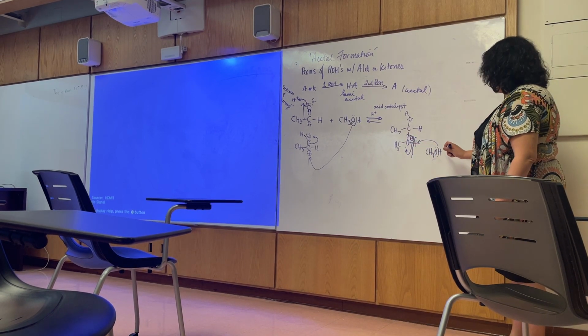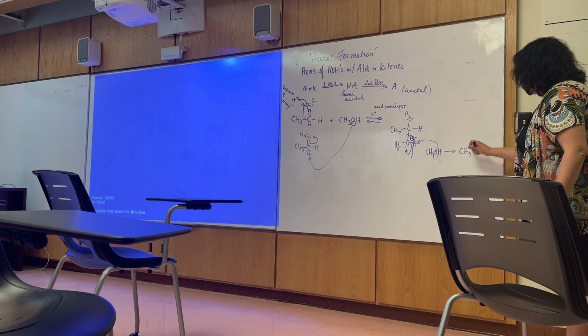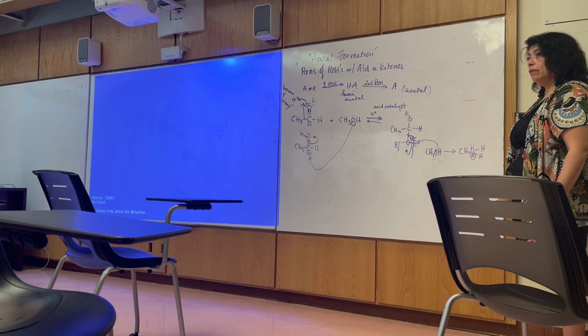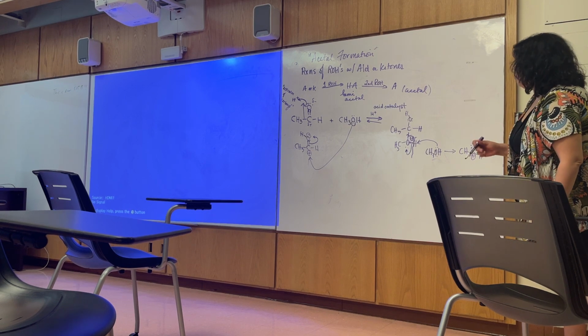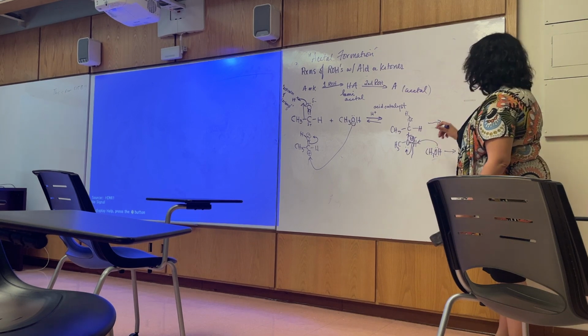Does everybody see that? So we're making CH3, OH, another positive here. But what's the purpose of this? We want to make a neutral molecule. Remember, the product has not yet been made, right?